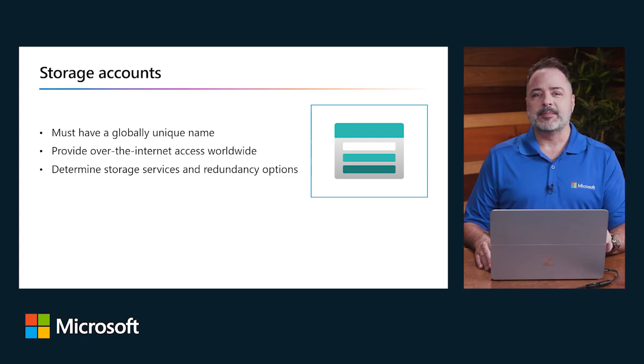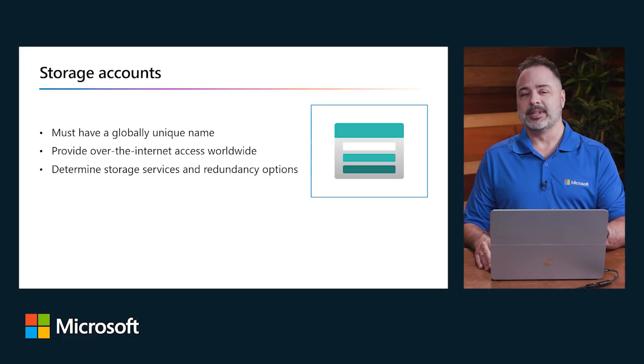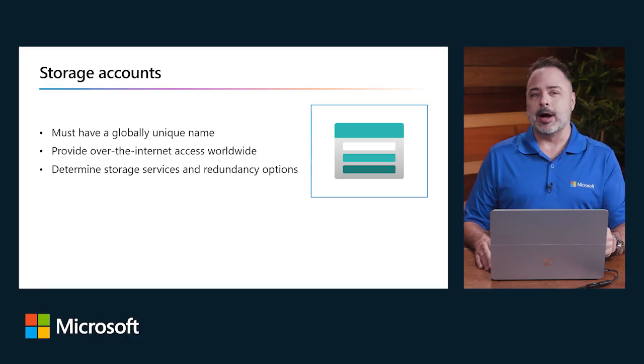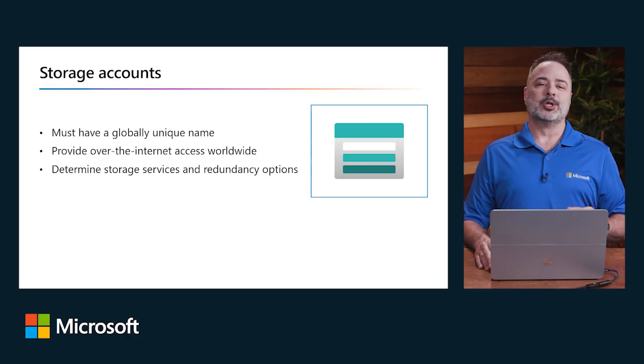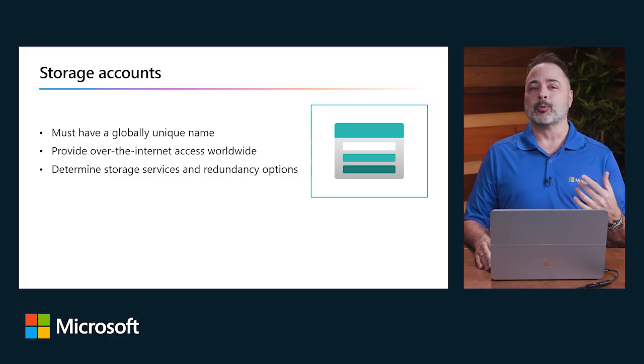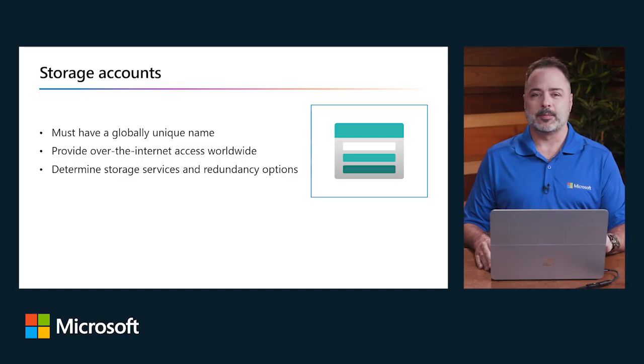When setting up a storage account, you can determine the storage services and redundancy options that best suit your needs. This includes choosing between different types of storage, such as blob, file, queue, and table storage, and selecting redundancy options like locally redundant storage, zone redundant storage, geo-redundant storage, or read-accessible geo-redundant storage.